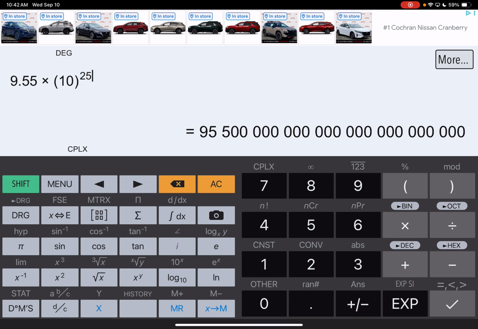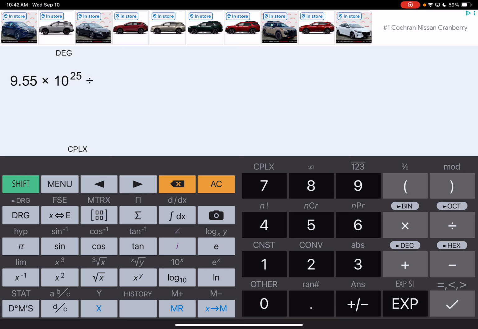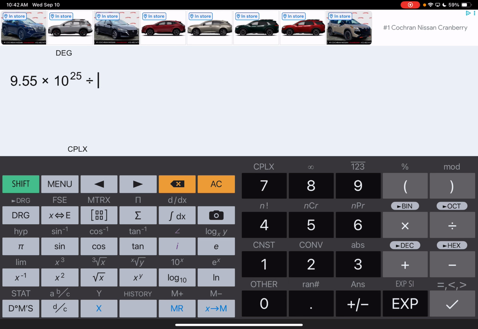Okay, so then divided by, and I'm going to do the same thing. Since I use the multiplication symbol for times, just to be totally sure that this works out the right way, I should probably put each of those numbers in parentheses.